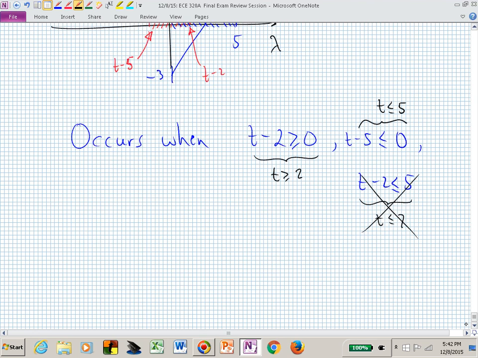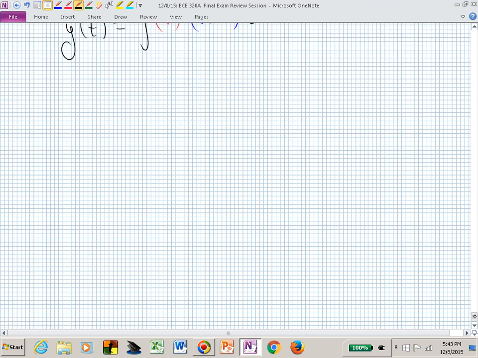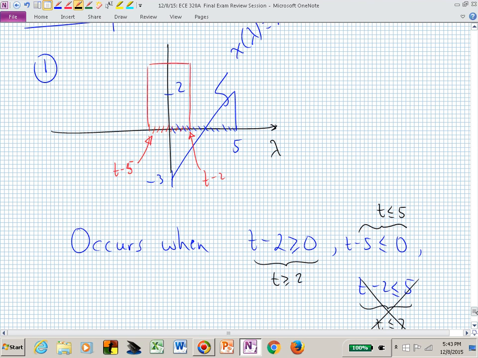And I could just ask you for the convolution integral and maybe not have you evaluate it. Although this one you should be able to evaluate, but what's y of t? First, it's an integral, and what you could say is, oh, I have 4, which is my h, and I have my x, which was lambda minus 3, d lambda, and what are my limits of integration? 0 to t minus 2.